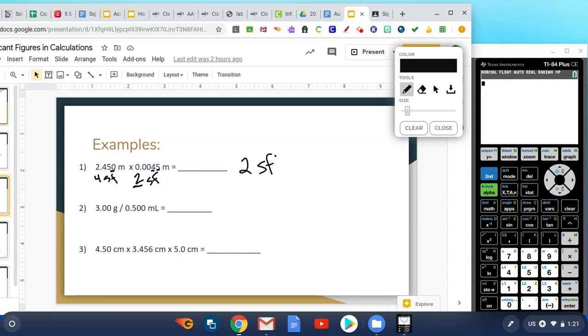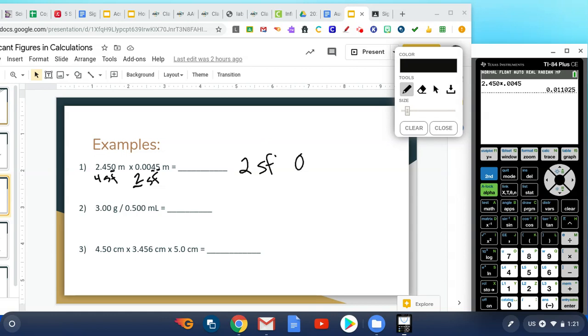So now that I know that, I'm going to go ahead and do my calculation. So I'm going to say 2.450 times 0.0045. Okay, so my answer, as shown on the calculator, is 0.011025. I can only keep two of those digits.